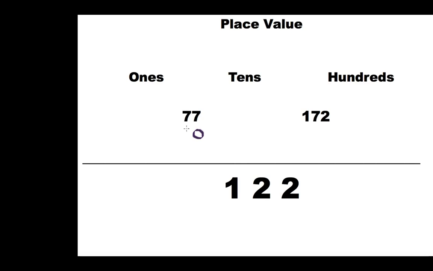So we are going to say that is the tens place. Now you have the ones and tens. The very far right-hand digit is always the ones place. Moving over towards the left, that next digit is always the tens place.